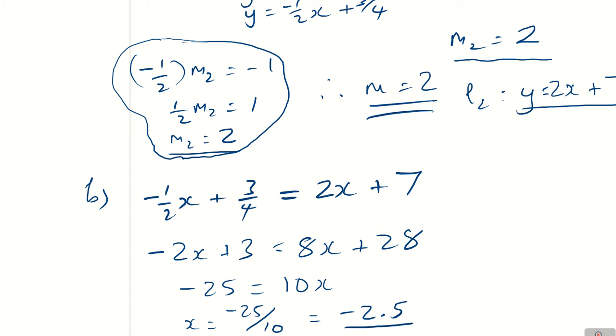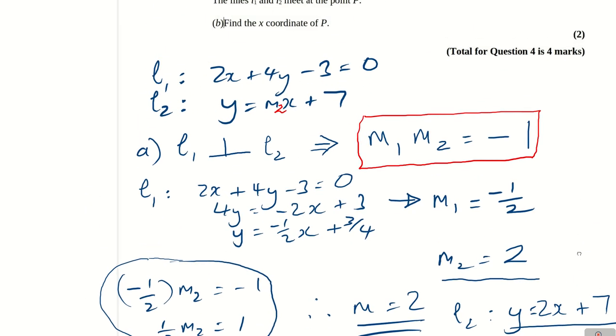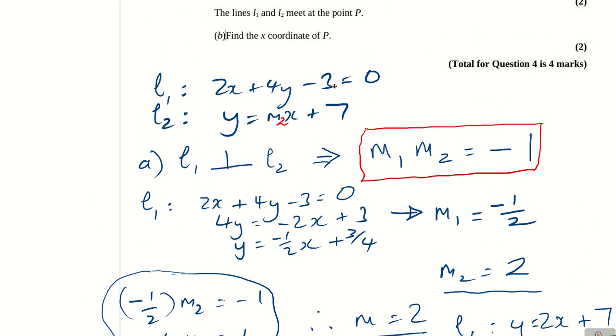Now some people might want to do it a slightly different algebraic way. Rather than use the converted form of the first equation, you could just substitute our y expression into the equation for L1.